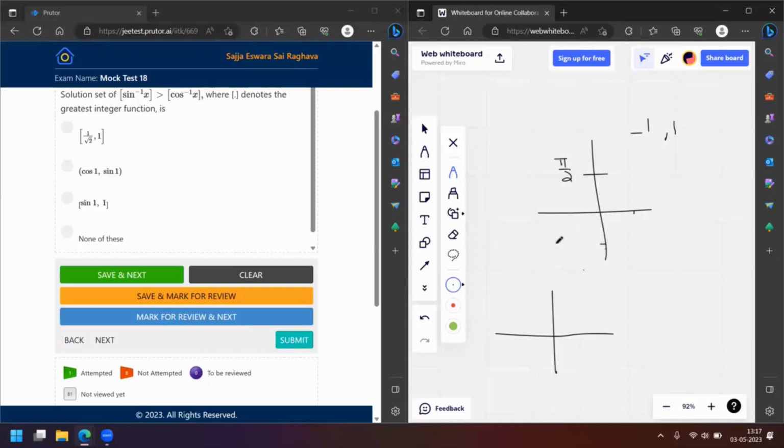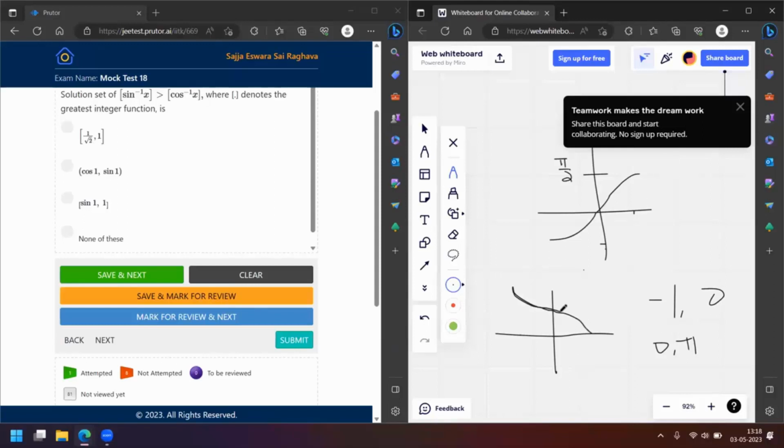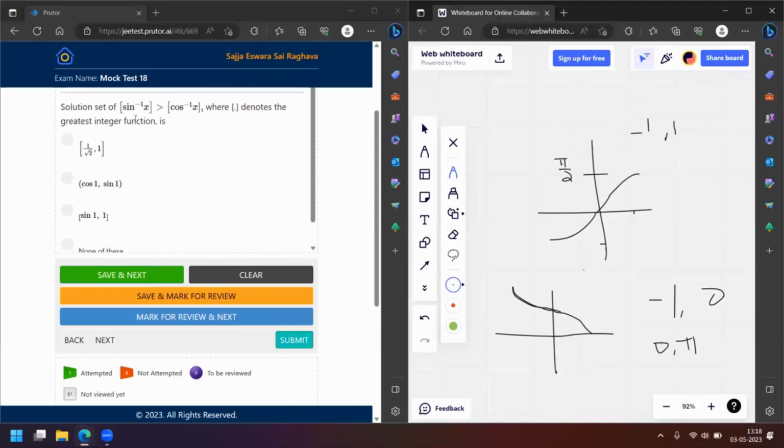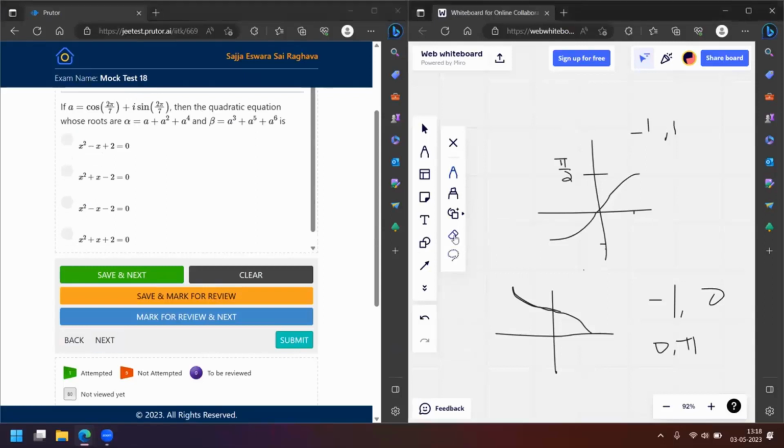We get a graph like so. For cos inverse of x, again the domain is -1 to 1, but here the range is 0 to pi. So we get a graph of cos inverse x like this. Then you can plot the greatest integer function and check where they intersect.